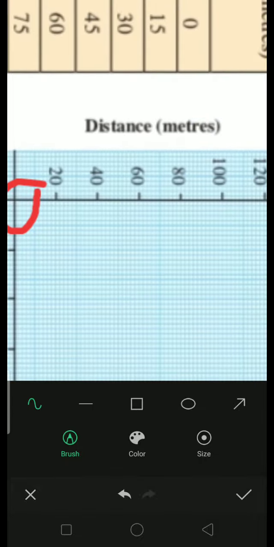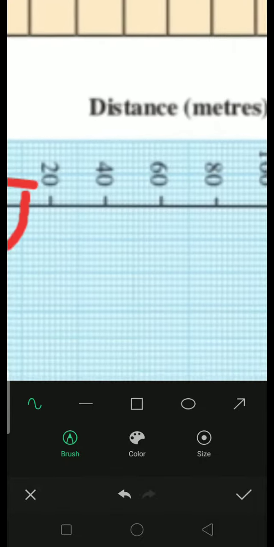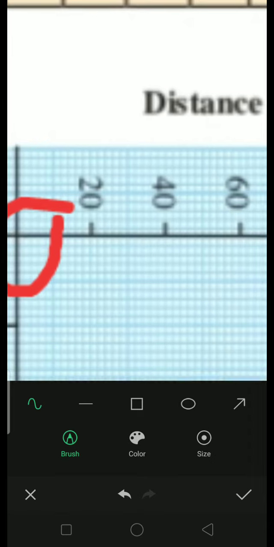I will show you how. See here. Let us expand it. We want 15. Now this blue line, one thick blue line, this is your 10. Then between this 10 and this 20, how many squares are there?